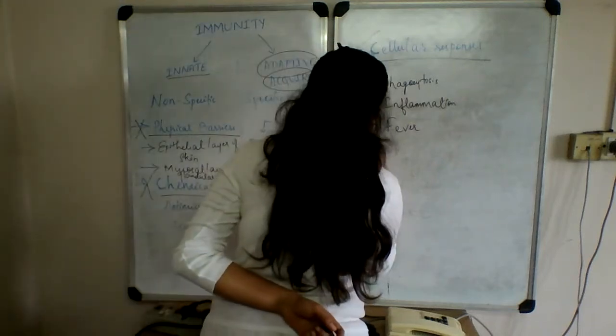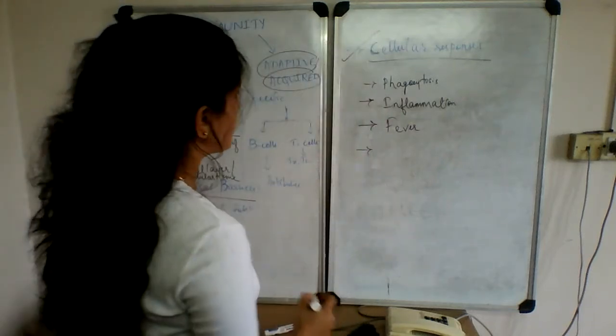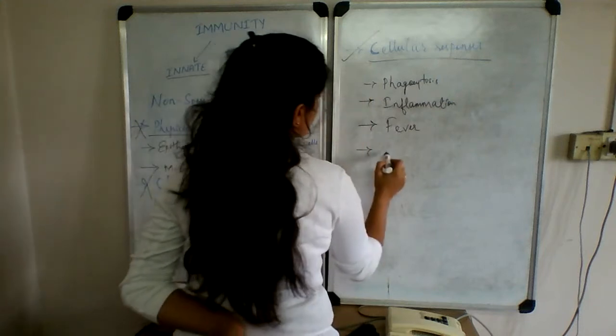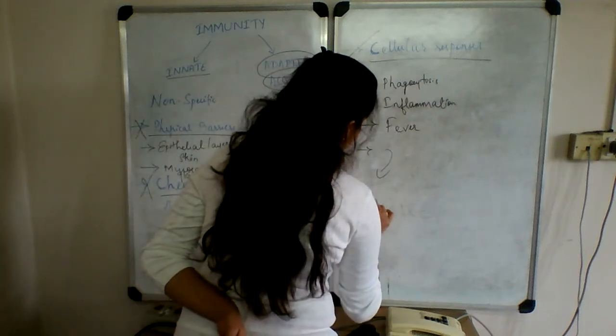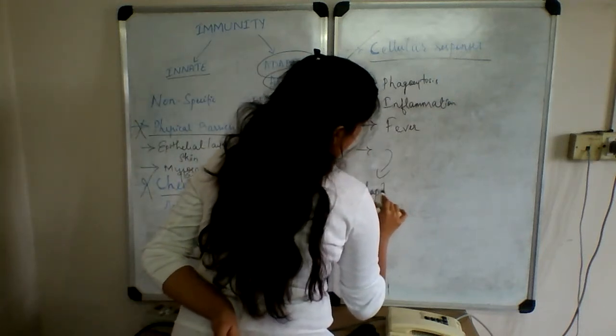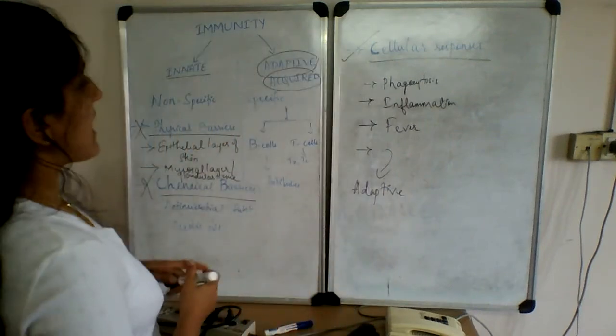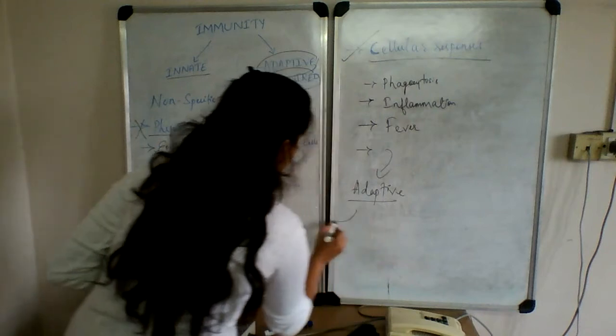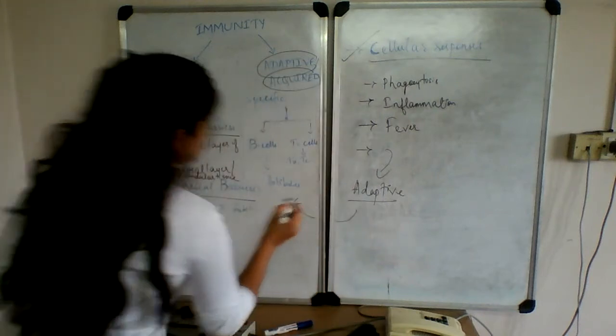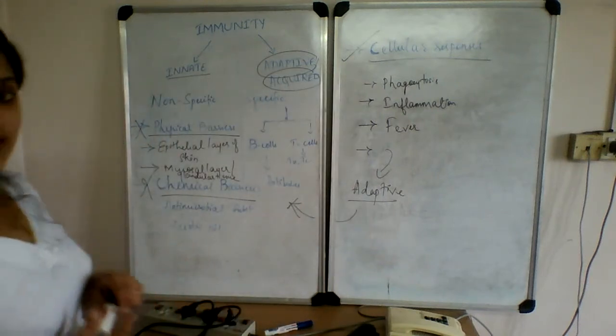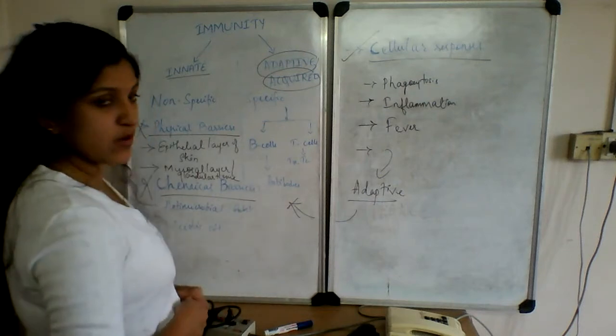Then comes the adaptive system. This cellular response will call for the adaptive system if the count of microbes is high. How exactly the adaptive system works, we'll see in the next video I'm making on adaptive immunity also.